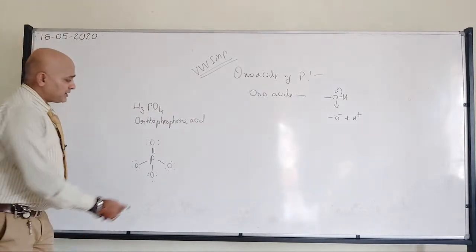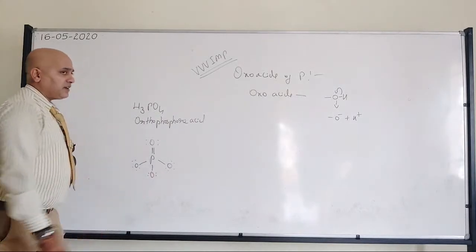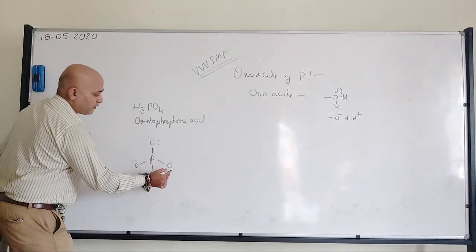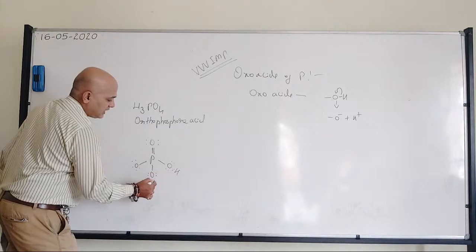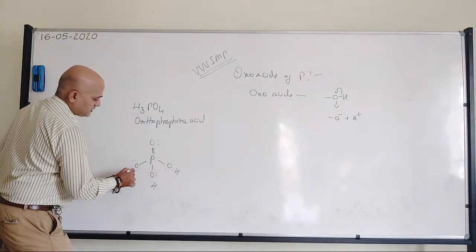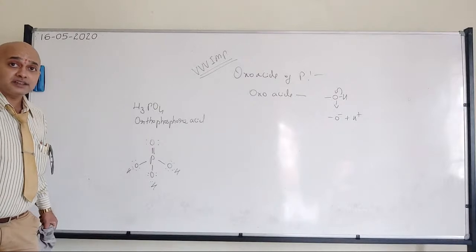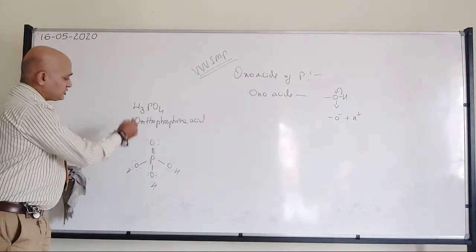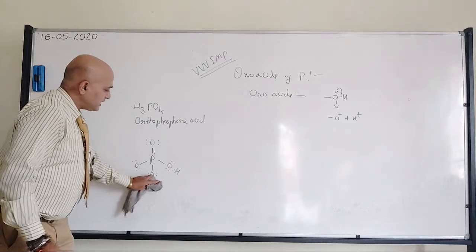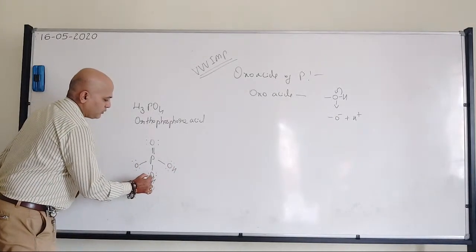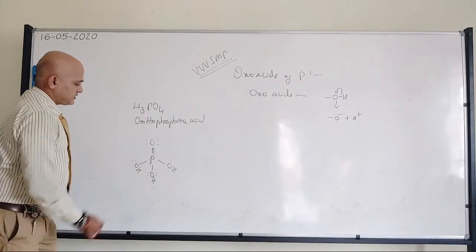Now these 3 oxygens are very unhappy. So to make them happy, there will be formation of bond with the hydrogen. Right? So therefore H3PO4. So I can write it as OH, OH and OH.